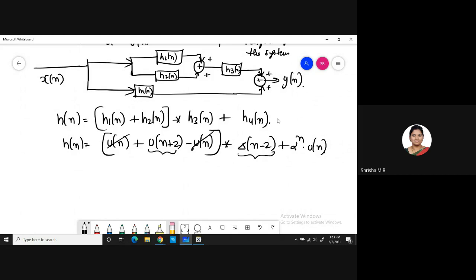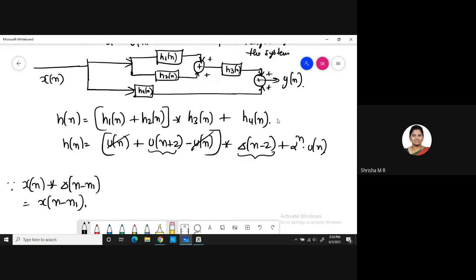We have seen a property previously. If you have x of n and you convolve it with delta of n minus n1, using this property you'll get x of n minus n1.